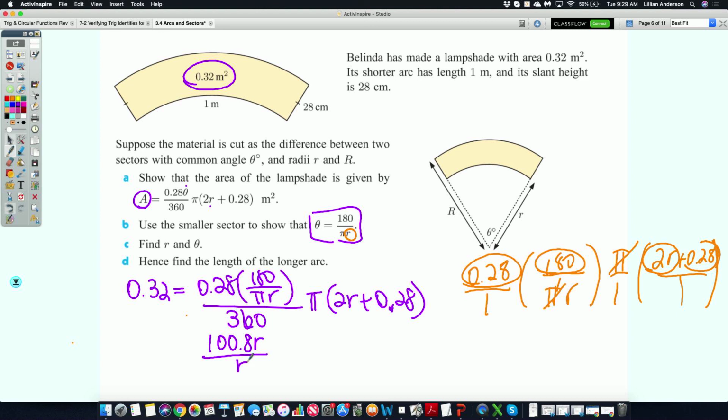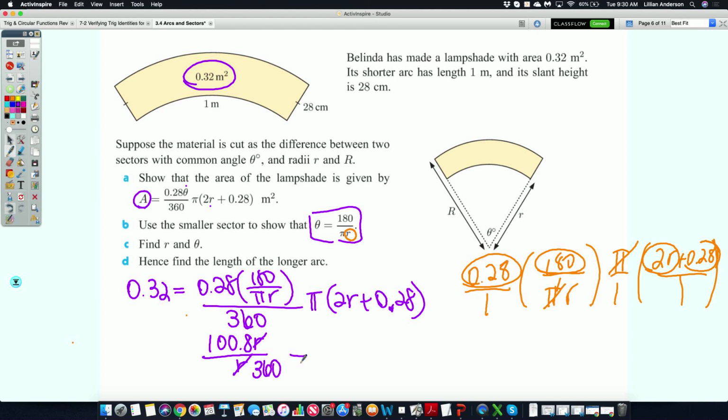All that's being divided by r. What happened to your r's? They cancel. And then we can't forget about this 360 that's still at the bottom. I forgot about it, so I had to bring it back.